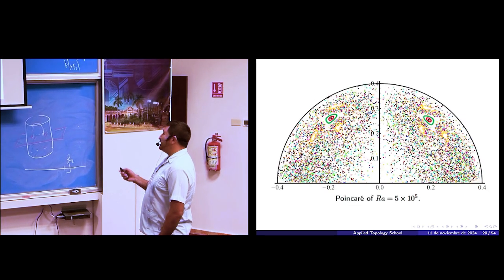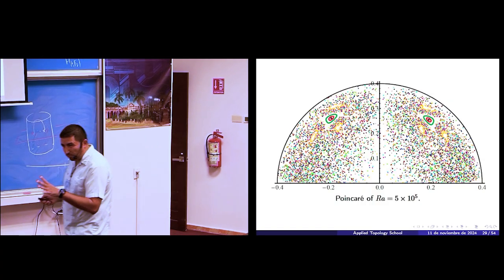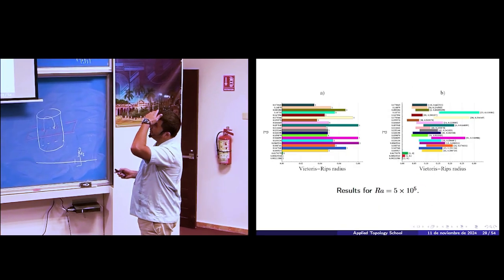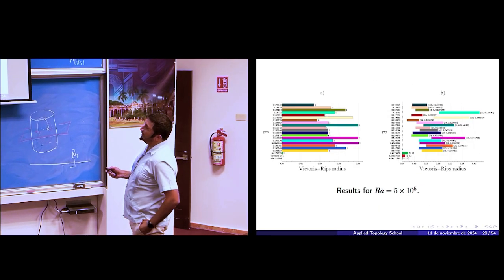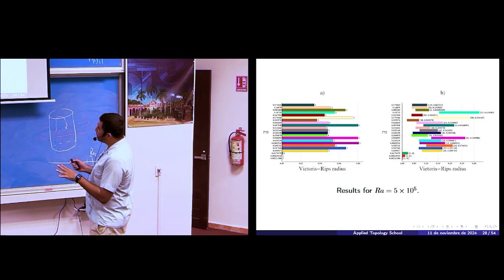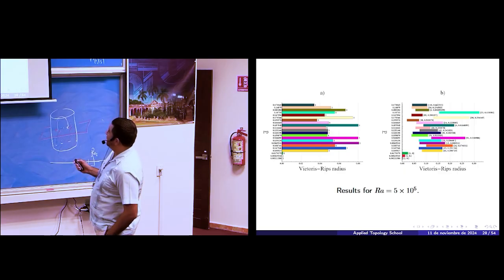For this Rayleigh number, the flow looks like a very chaotic flow, no? And the parameters that we obtain start to detect some order. For example, let me mention to you this case.